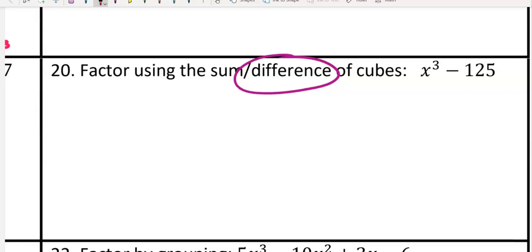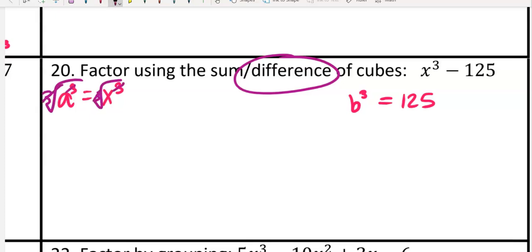Okay, so again, we want to start with our a cubed, which is our x cubed, our first term, and our b cubed will be our second term. So we cube root both sides. That gives us a equals x. So a squared will give us x squared.